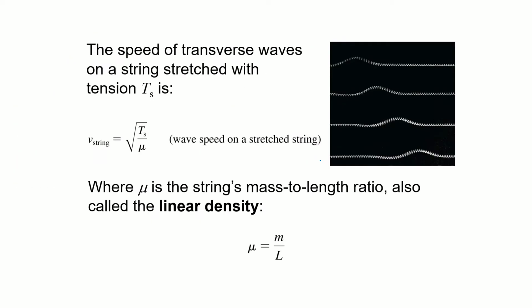So when we look at a wave traveling on a string like this, it turns out the velocity of that wave, the wave speed through that string, depends, like we said, on properties of the string, and primarily just the tension in the string, T sub S, divided by the linear mass density, which is, if I have a wire that weighs 10 grams and it's 1 meter long, 10 grams per meter. That's the mass per unit length.